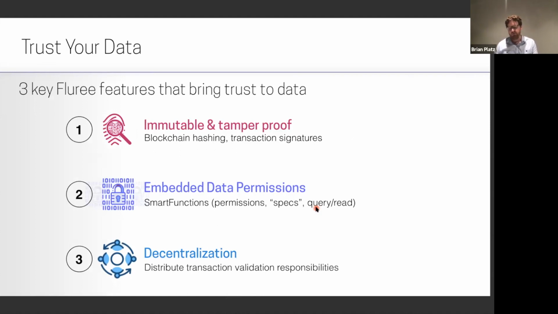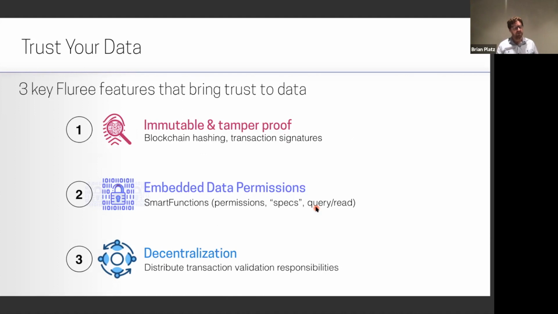So, talking about trusting your data, Fluree introduces and contains three features I want to highlight: immutability and tamper-proof data, embeddable data permissions, and decentralization. It's important that I point out that item number one, you get automatically.